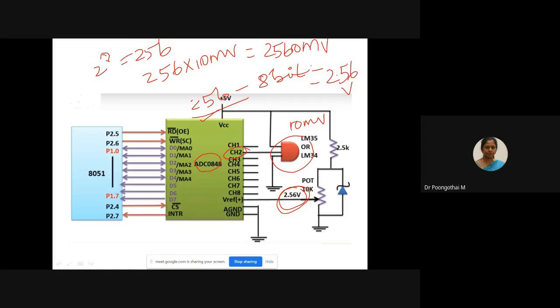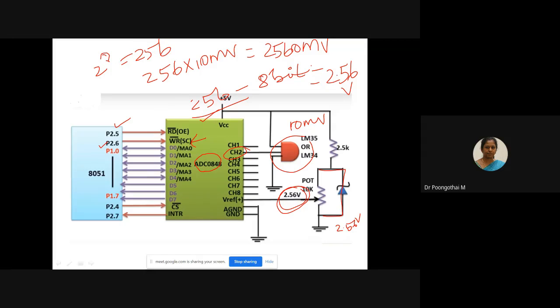Here a Zener diode is connected across this part to maintain 2.56 volts and also to overcome any fluctuations in the power supply. Your temperature sensor is connected to channel 2 and chip select is enabled by P2.5, and the start of conversion of your ADC is connected to P2.6.